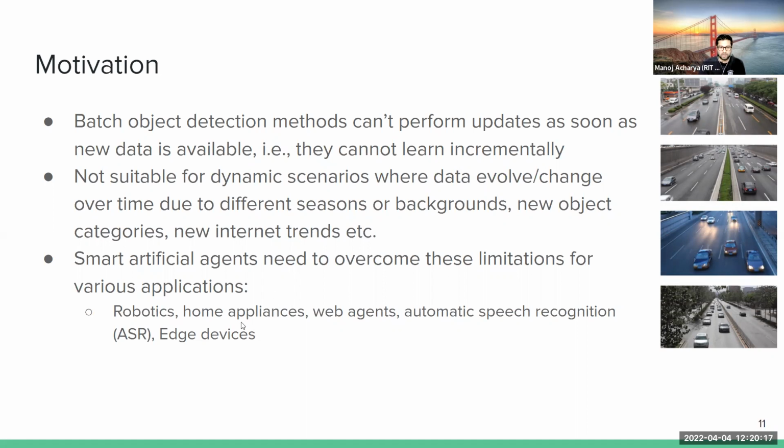For example, robotics or edge devices or AI agents, we want these agents to change over time. As you are growing, we want an AI agent to change along with you. Right? So that's the real motivation behind the online streaming paradigm.